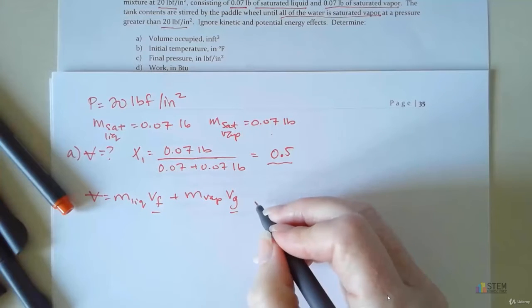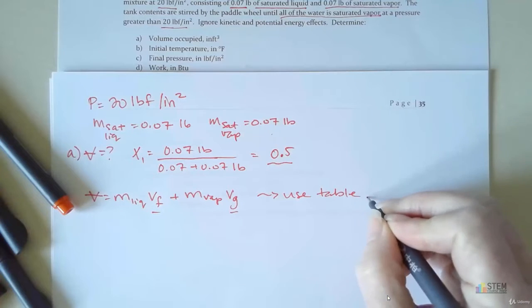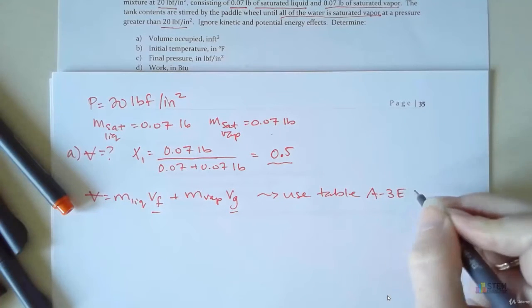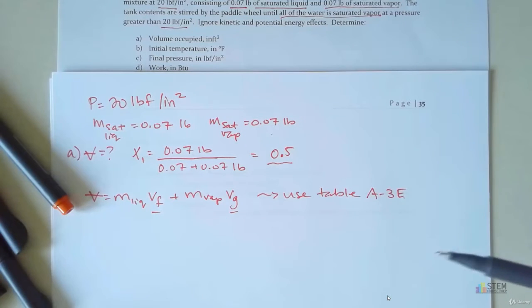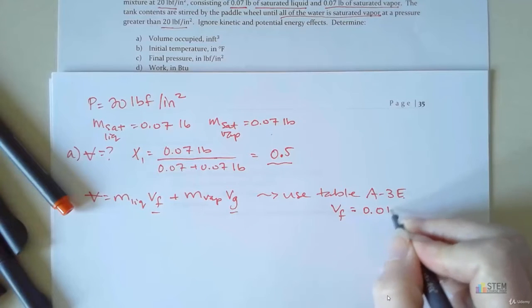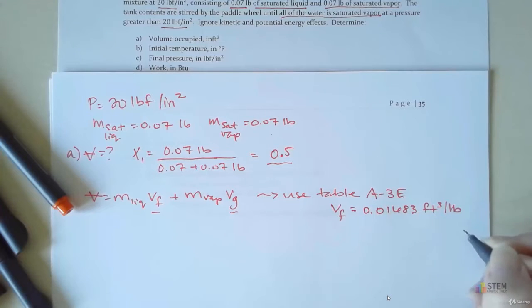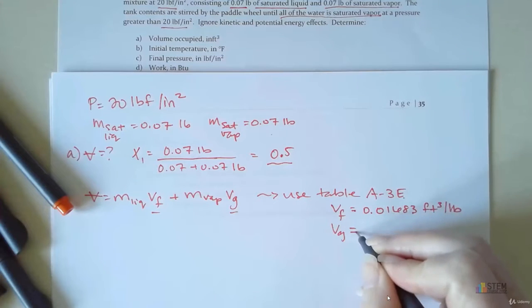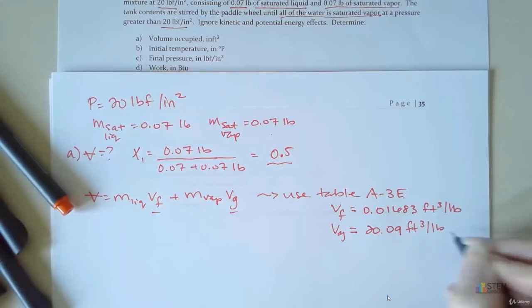So to do that, you're going to go to the table, and in the Moran book you're going to go to table A-3E. We have English units now, so we're going to go to the English version of the table, and if you go to those tables you'll find Vf, that's going to be 0.01683 cubic feet per pound, and then Vg is going to be 20.09 cubic feet per pound.